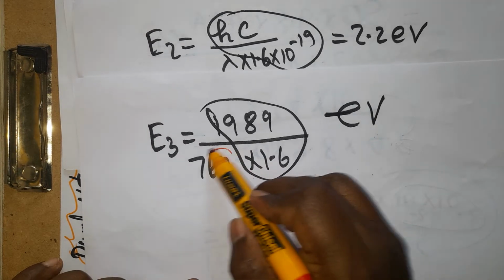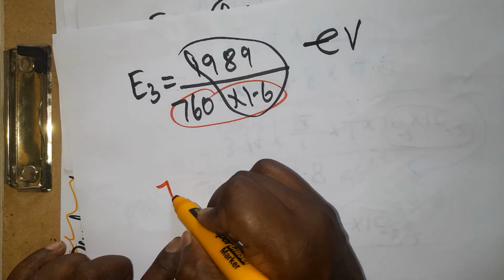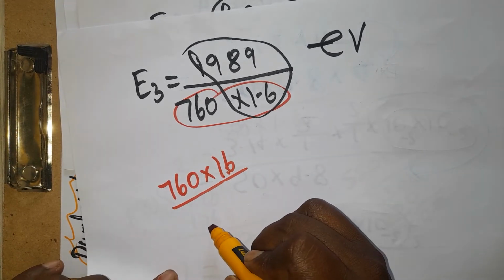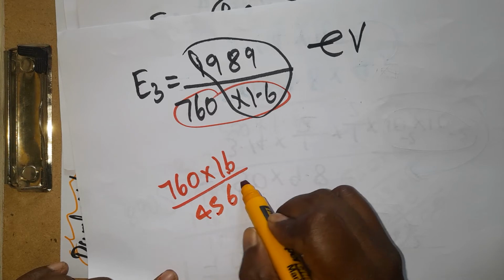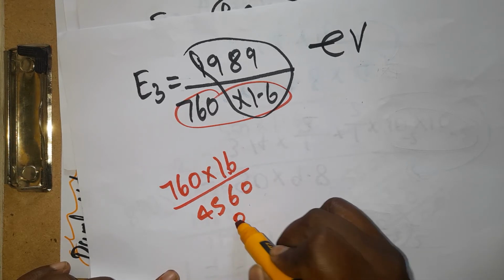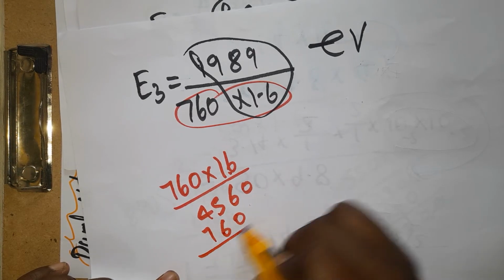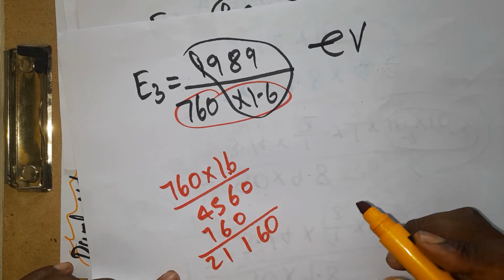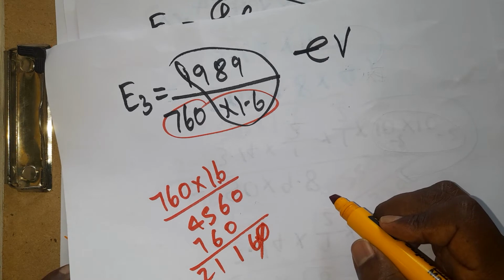First we should do multiplication of these two, okay. 760 into 16, one decimal will be there, don't forget that, 4560, then 06121, okay, one decimal will go.